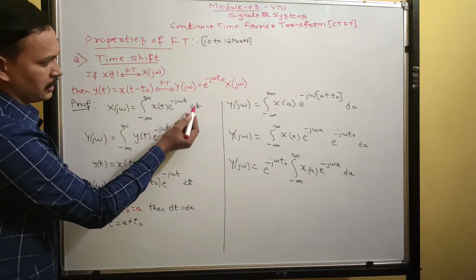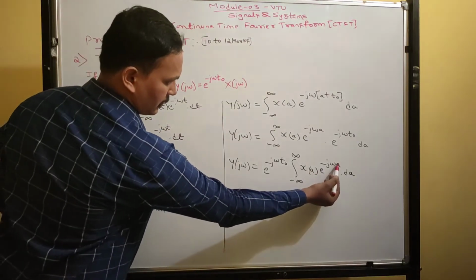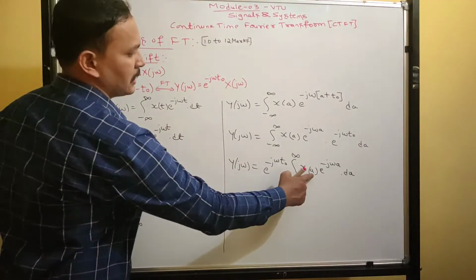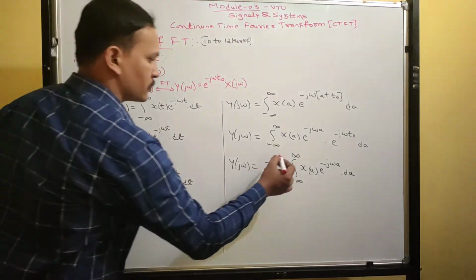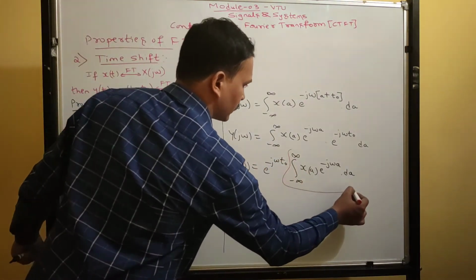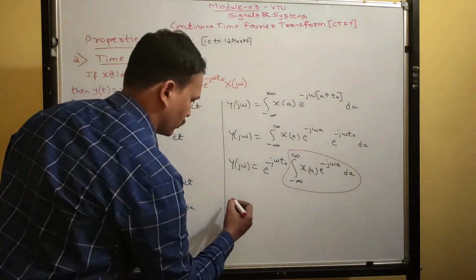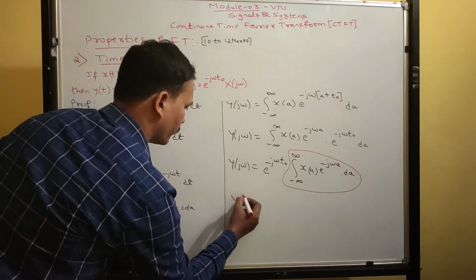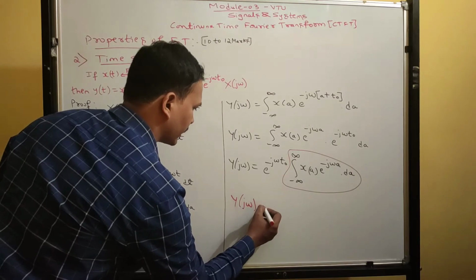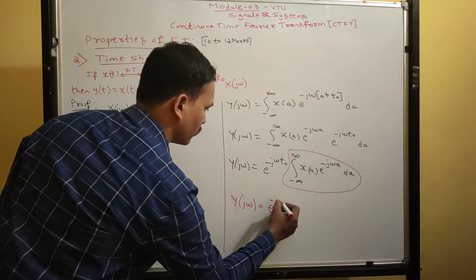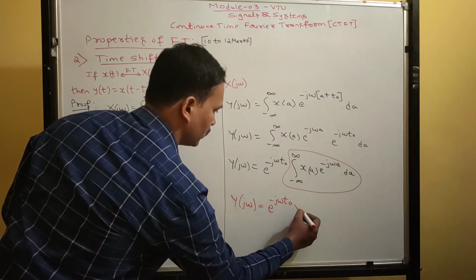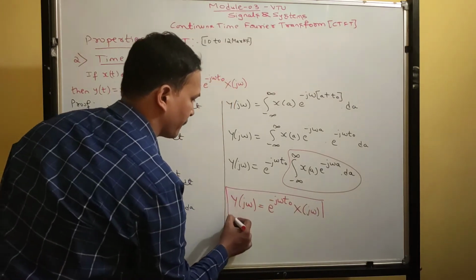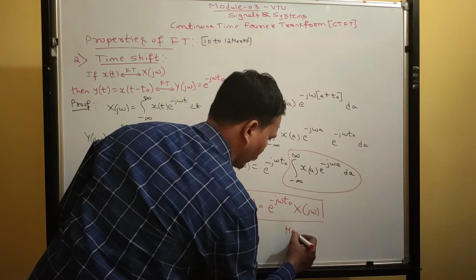Here it is a instead of t, but a is also in time domain. So this entire thing is X of j omega. Therefore Y of j omega can be written as e to the power of minus j omega t naught into X of j omega. Hence proved.